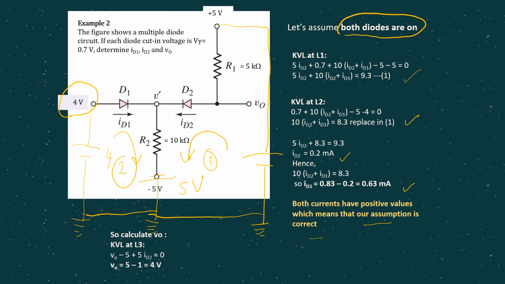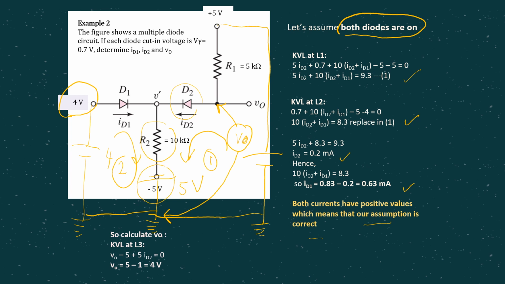So from there, you can calculate V0 accordingly. Because in this case, V0, remember, is the voltage at this particular node with respect to the ground. One way is to see V0 as the summation of the voltage here plus the voltage here plus the voltage here.